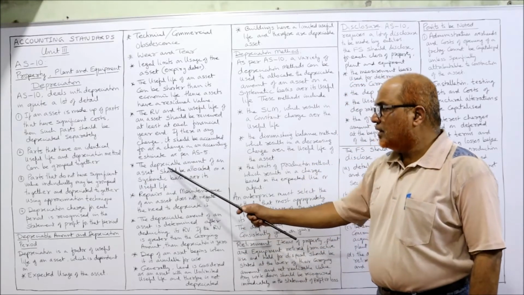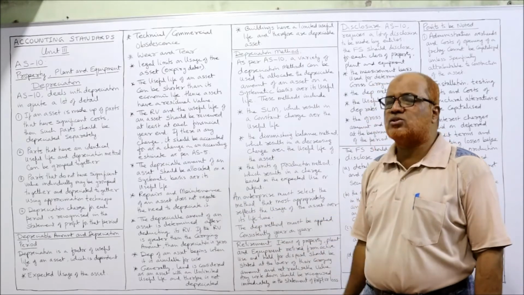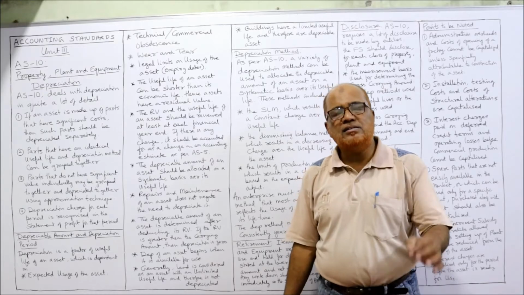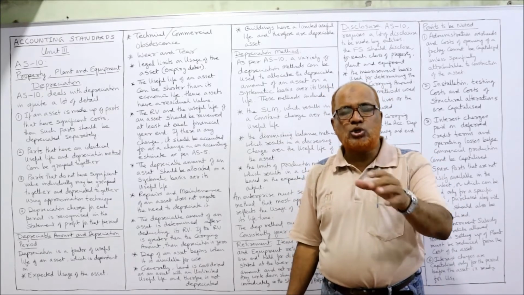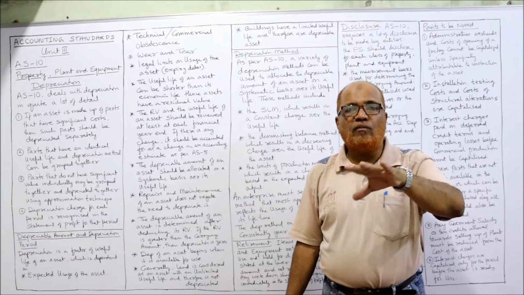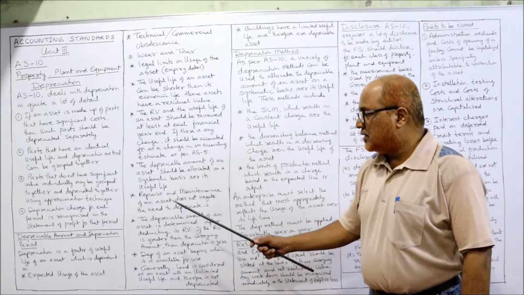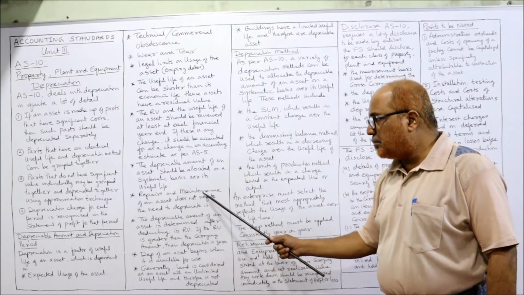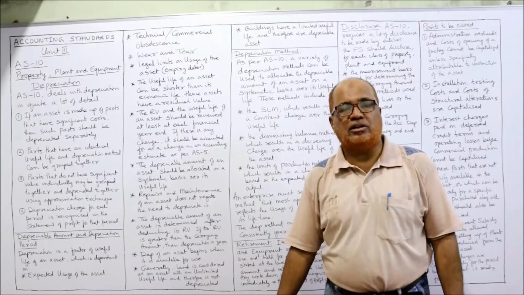Then, the depreciable amount of an asset should be allocated on a systematic basis over its useful life. That is the definition of depreciation. The depreciable amount should be spread over the useful life of the asset in a systematic manner. Then, repairs and maintenance of an asset do not negate the need to depreciate it.